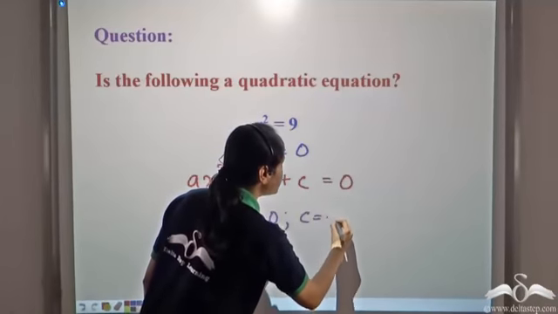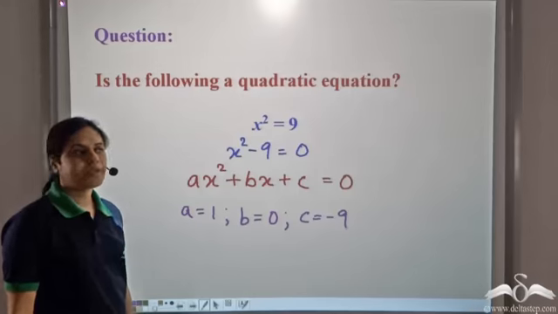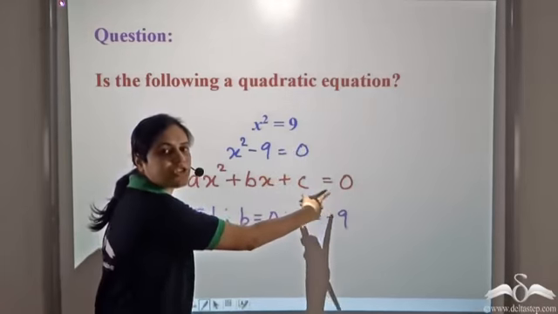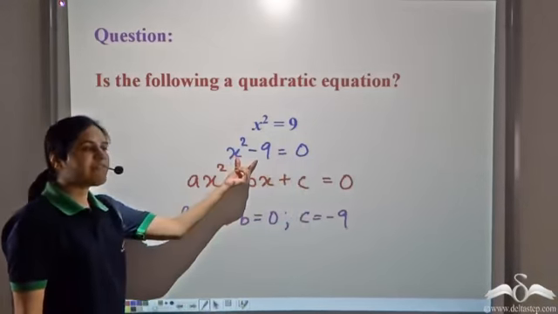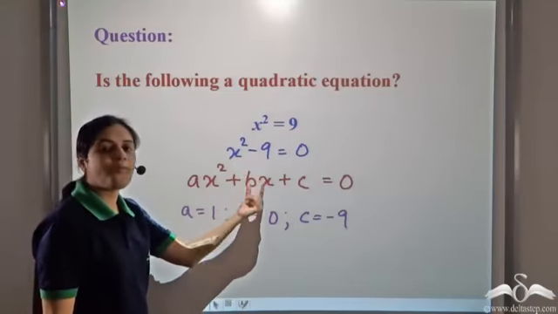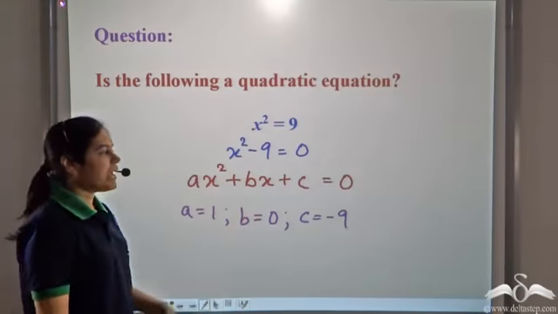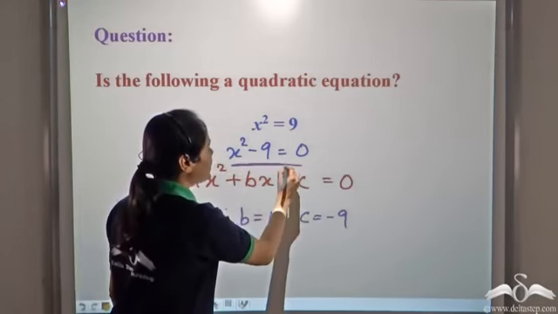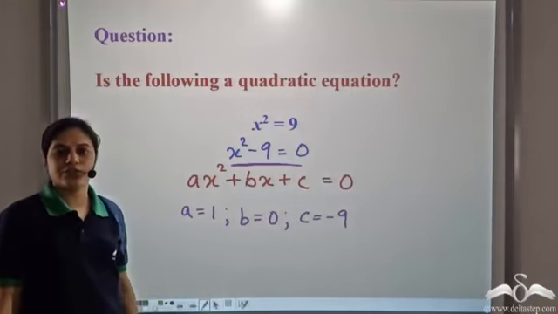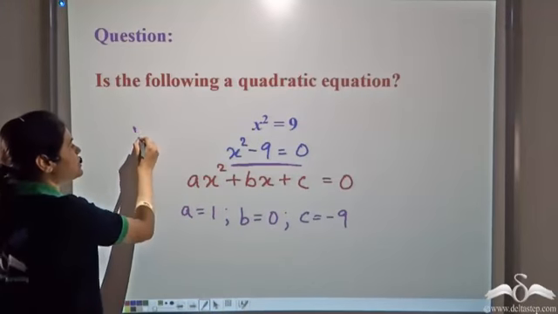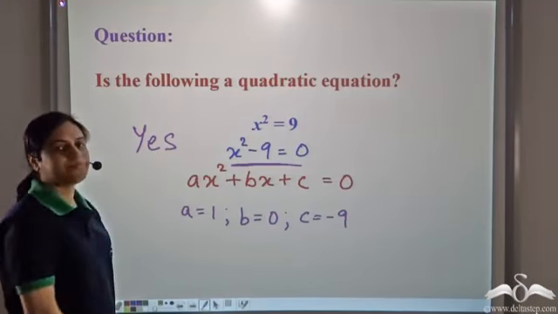So c is equal to negative 9. And we have a 0 on the RHS. So we have compared this to the general form of a quadratic equation. And hence, we can say that this is a quadratic equation. So yes, this is a quadratic equation.